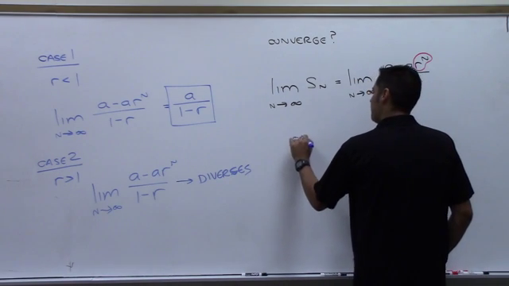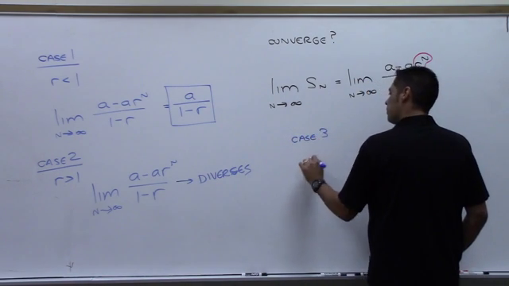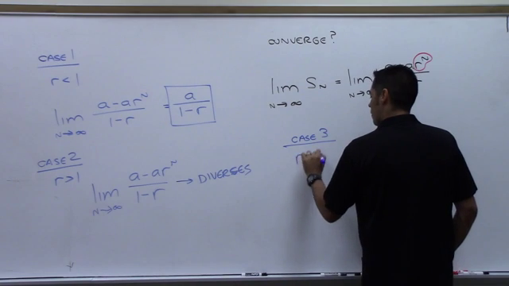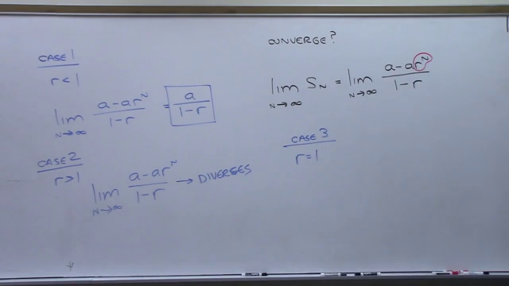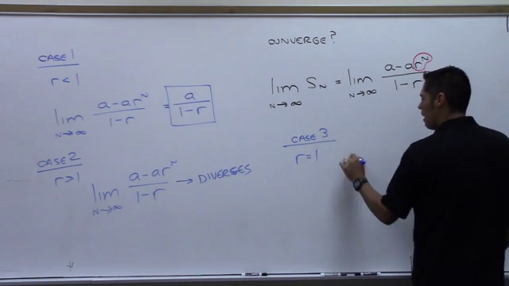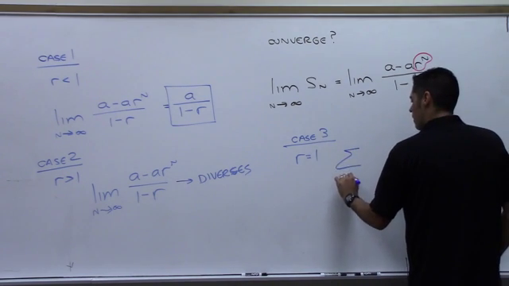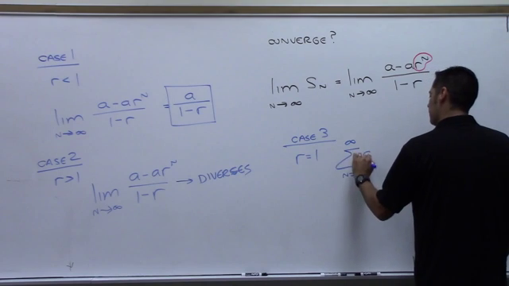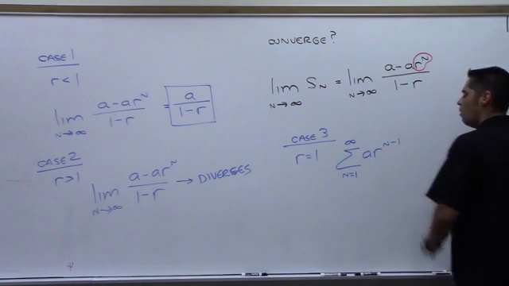What if r is 1? If r is 1, I want you to go back and look at the original geometric series. Forget all this crap we just did. This is the geometric series. What if r is 1?